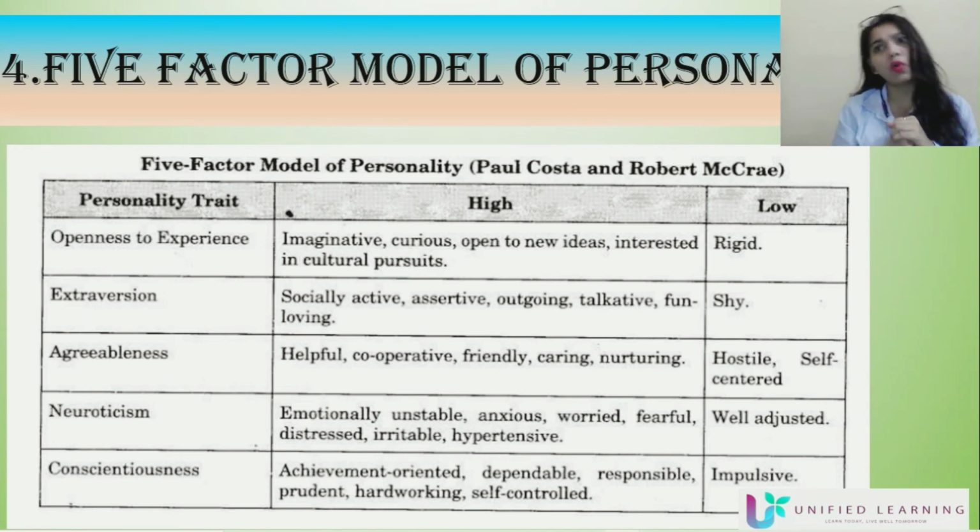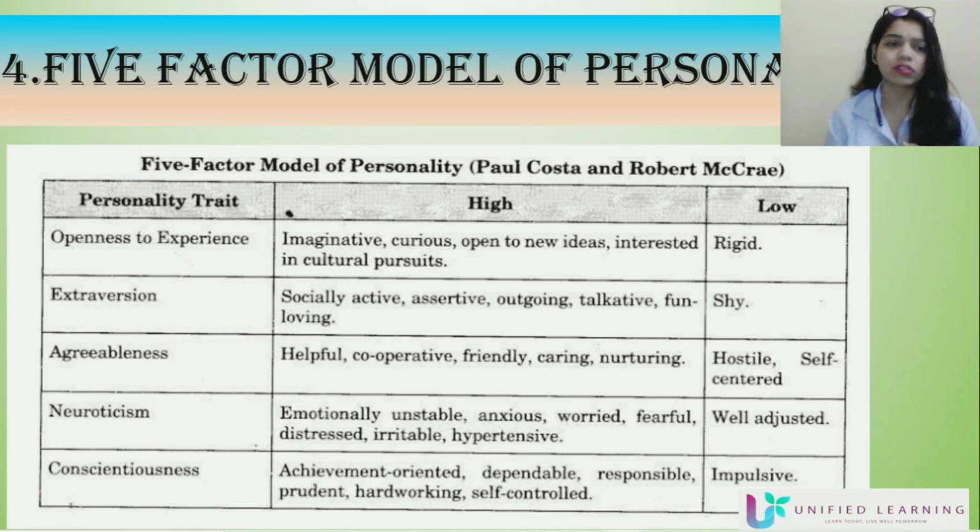But those who are low on this trait will show traits such as shyness. Those who are high on the agreeableness trait will be helpful, cooperative, friendly, caring, nurturing. But those who are low on this trait will show personality traits such as being hostile and self-centered.